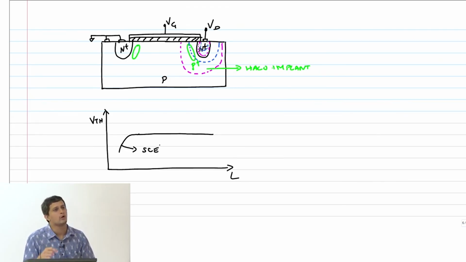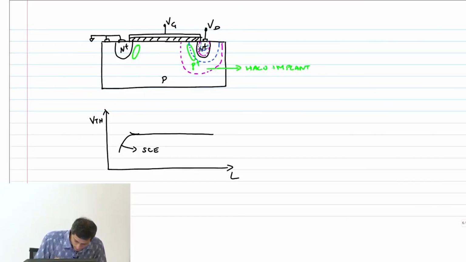Now, because of this halo implant, to avoid DIBL, we put some halo and did something. What should happen to the threshold voltage there? It will actually go up, because now the bulk is not just P, part of it is P plus. So the threshold voltage, if you remember, goes as square root of Na. That Na concentration has gone up in some regions. Okay, so therefore threshold voltage will go up.